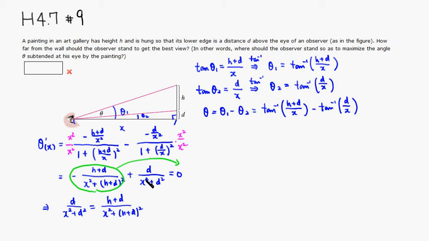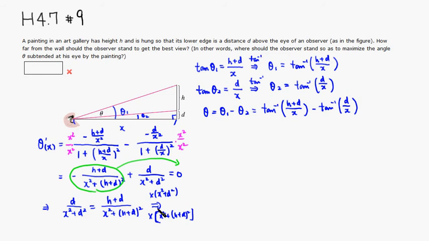Then I'm going to multiply all out, like a cross multiplication, multiplying both sides by the denominators, x squared plus d squared, and also x squared plus (h plus d) squared.